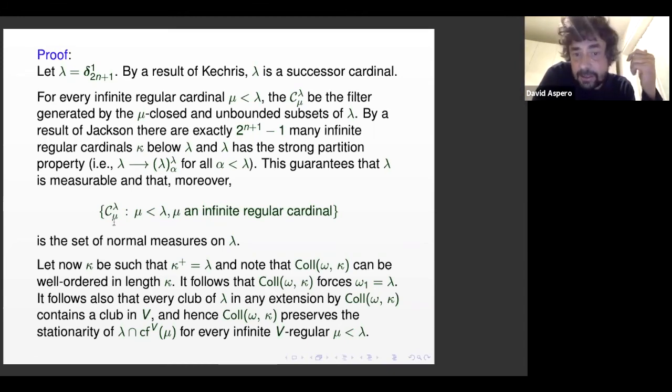And hence the collapse will preserve the stationarity of all the sets of cofinality mu subsets of ordinals of lambda, for mu less than lambda.